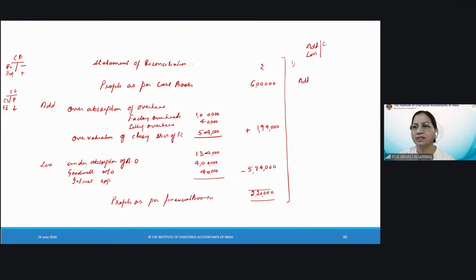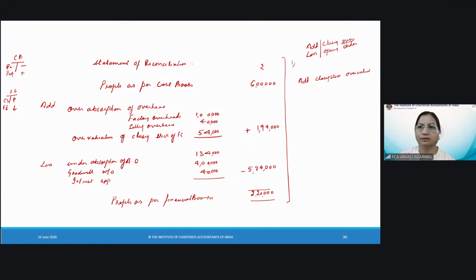If you will place closing stock and opening stocks in dictionary, what will come first? Closing stock. If you will put the words overvaluation and undervaluation, which will come first in dictionary? Overvaluation. So whenever in financial books there is an overvaluation in closing stock, add.